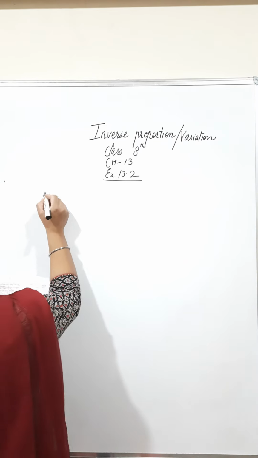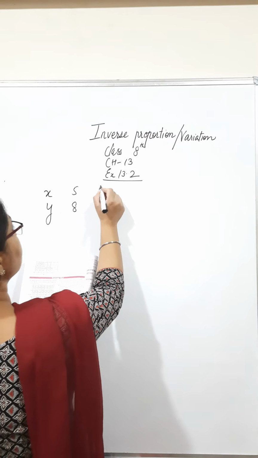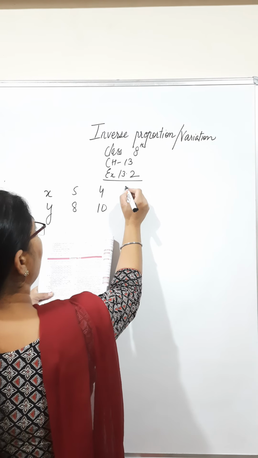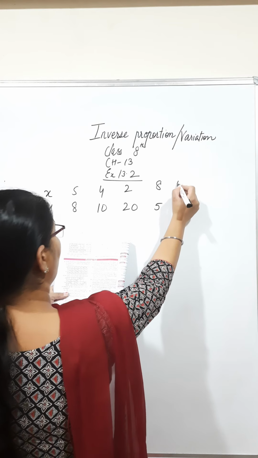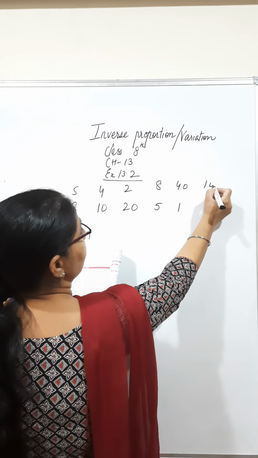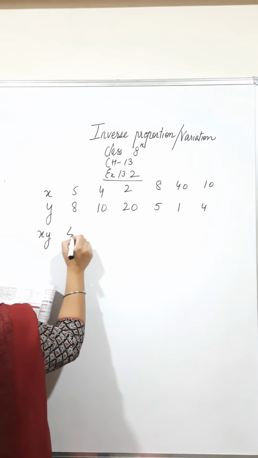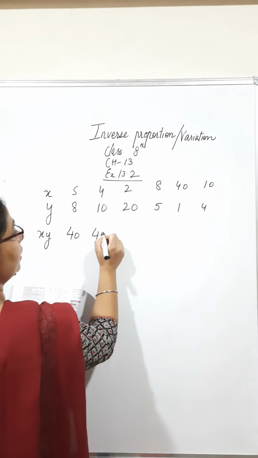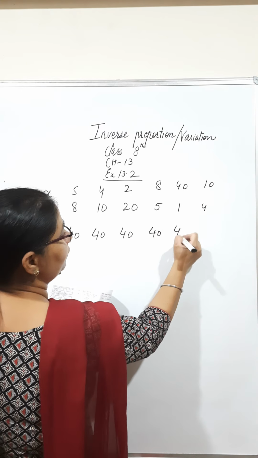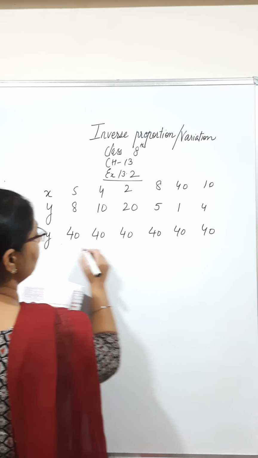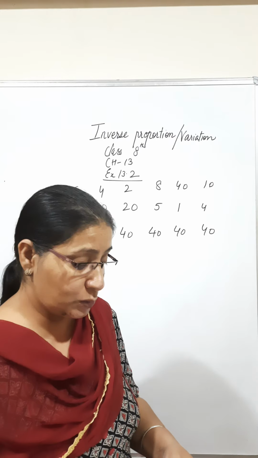For example, this is x, this is y: 5 and 8, 4 and 10, then you have 2 and 20, 8 and 5, next you have got 40 and 1, and you have 10 and 4. Now when you multiply all of them, x into y, what do you get? 8 5s are 40, 4 10s are 40, 2 20s are 40, 8 5s are 40, 40 1s are 40, 10 4s are 40. So you see in all the cases your product is 40. So yes, it is an inverse variation.